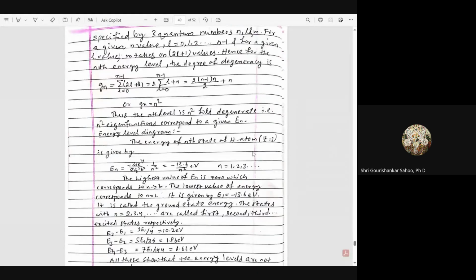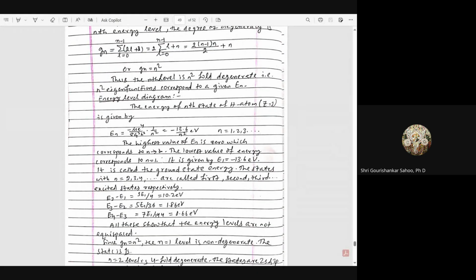Hence, for the nth energy level, the degree of degeneracy is Gn equal to the summation over L from 0 to n minus 1 of 2L plus 1, which is nothing but 2 into (n minus 1) into n by 2 plus n. And Gn can be written as n square. So the nth level is n square fold degenerate, that is, n square eigenfunctions correspond to a given En.